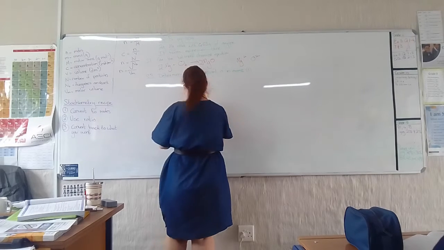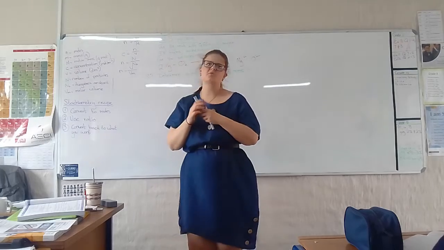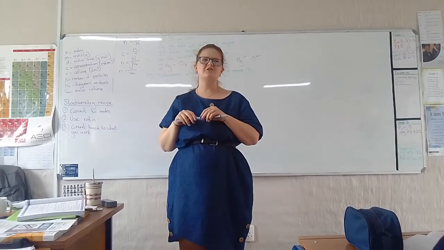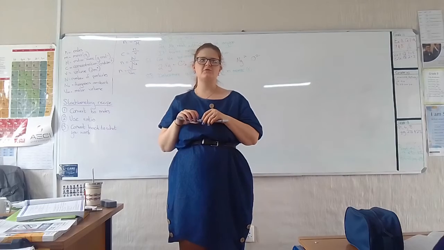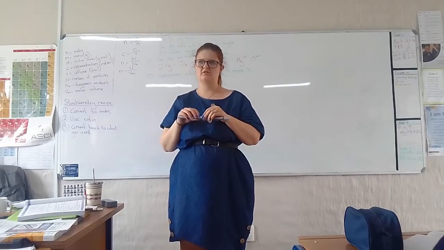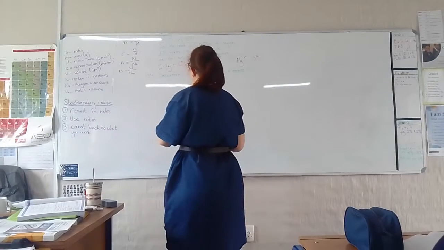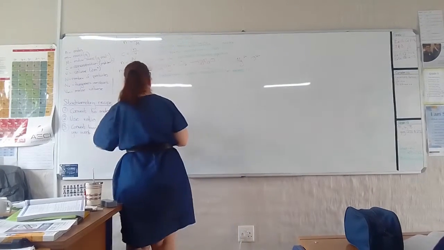Alright, so this will be a 5-mark question. So if we're determining which reactant will be in excess, our first step is the same as always. What's the first step of our stoichiometry recipe? Convert to moles. Alright, so I'm going to take magnesium and convert it to moles.